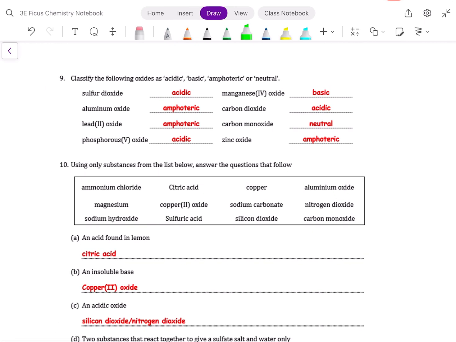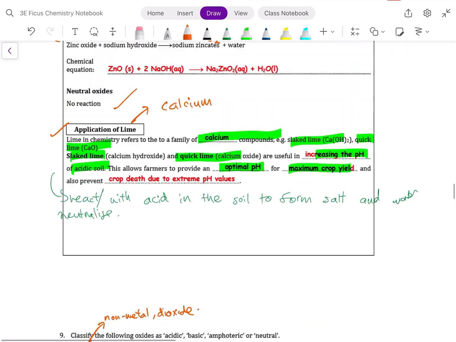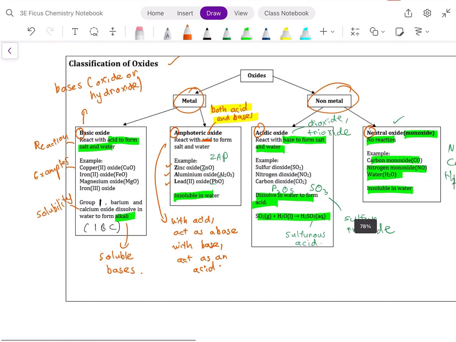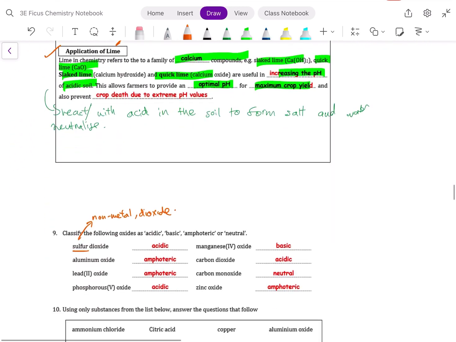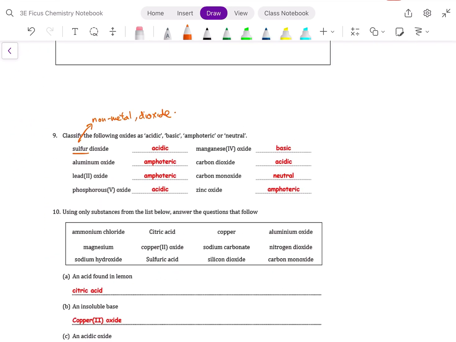For this you have to see whether it's metal or non-metal. This one is a non-metal dioxide. If you look at this, non-metal dioxides are actually acidic oxides. Manganese is a metal.